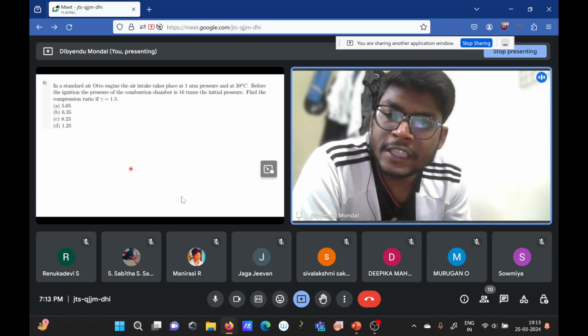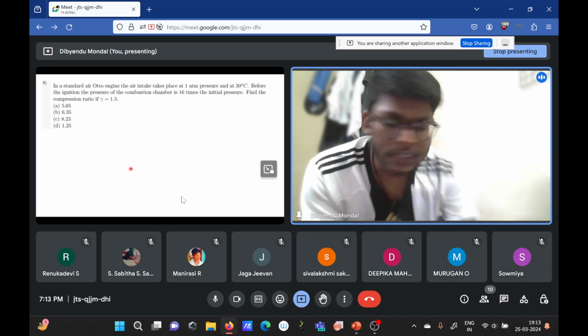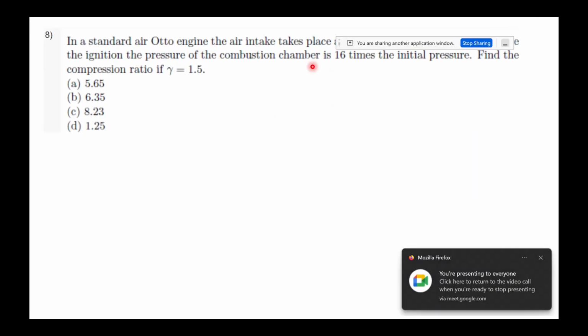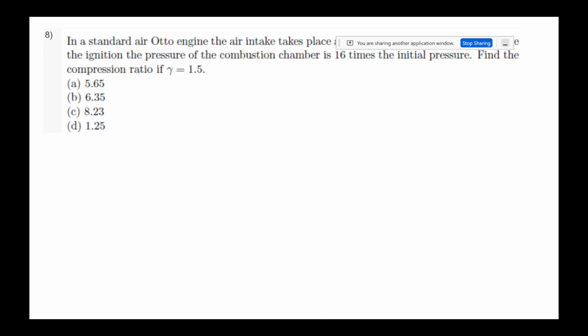Now, when this ignition process is happening, this is actually an adiabatic process. You know the adiabatic process follows PV to the power gamma equals constant. Now using this, let me write it here. For combustion, this is an adiabatic process.